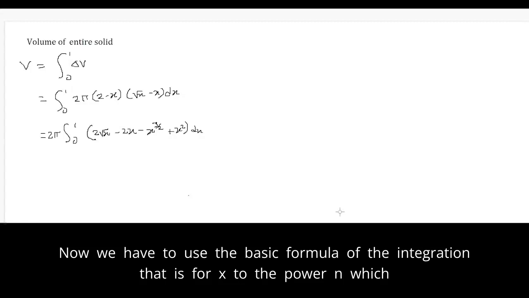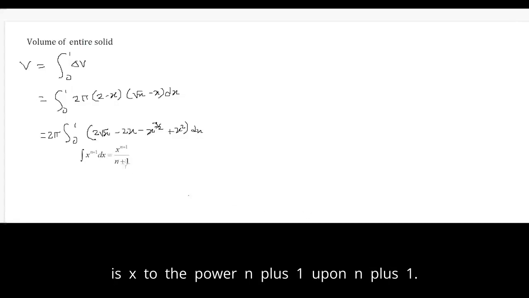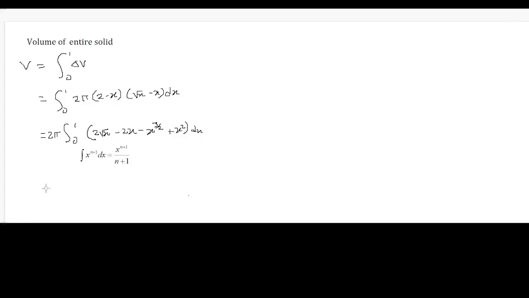Now you have to use the basic integration formula: for x to the power n, the integral is x to the power n plus 1 upon n plus 1.